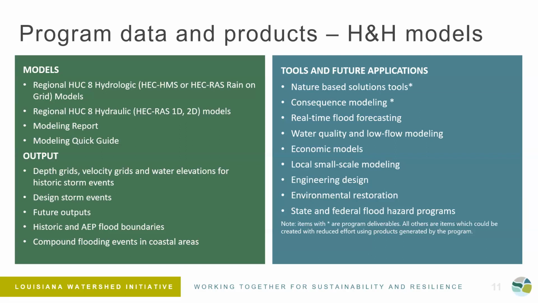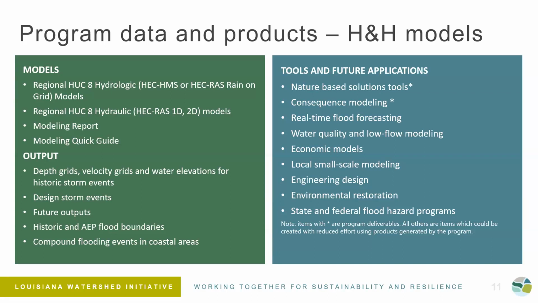Then we have a couple of future outputs. We want to be very careful whenever we say historic and AEP flood boundaries, because that's going to be very dependent on how far we go with design storms. To get accurate flood boundaries and flows, you have to do more storms. You have to get a little bit more aggressive with how you design it.